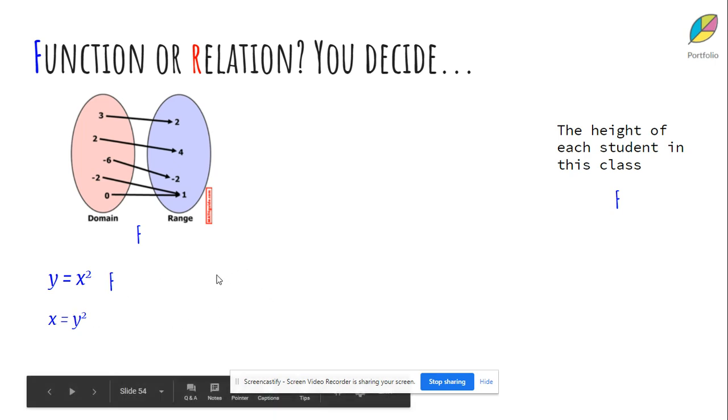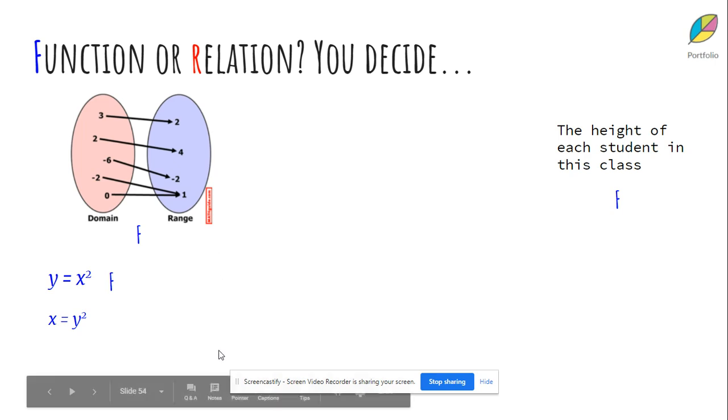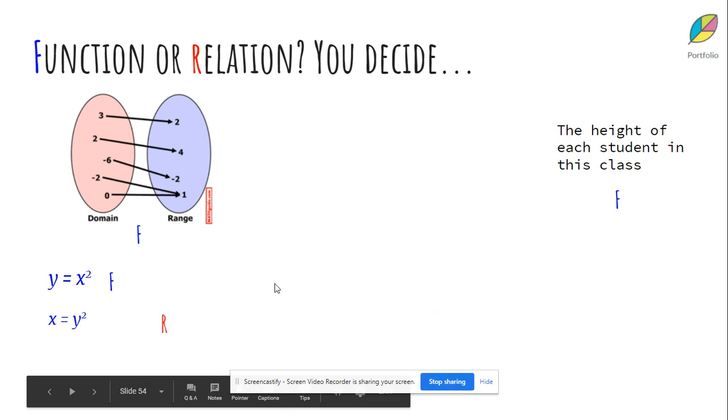These would be opening sideways, like a C. So that means that for any x, I would have a value, say, above the x-axis and a value below the x-axis. So in that case, because every input might have two outputs, this means that this is a relation. It's not a function.